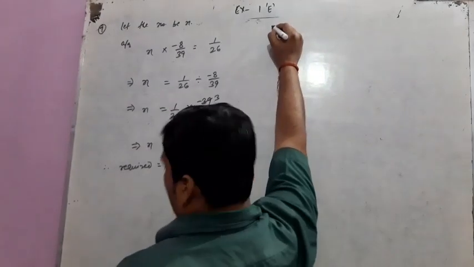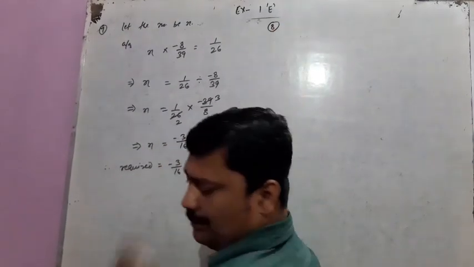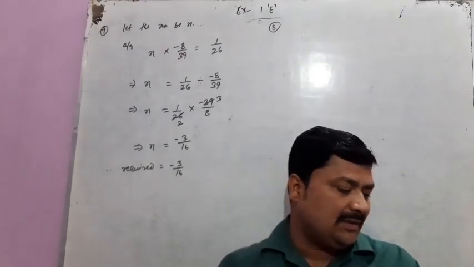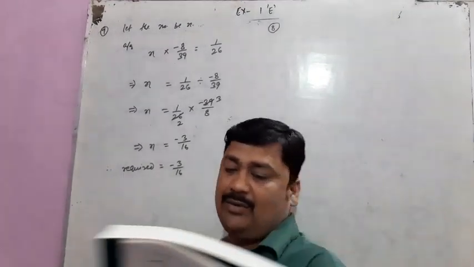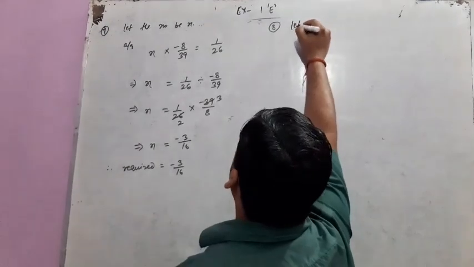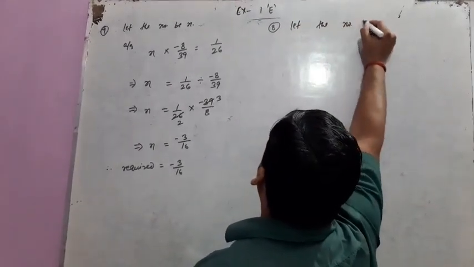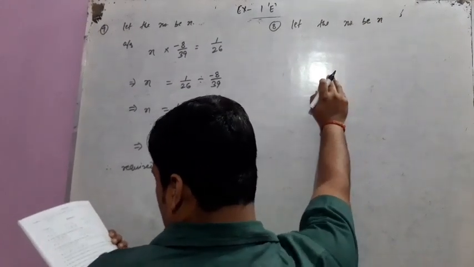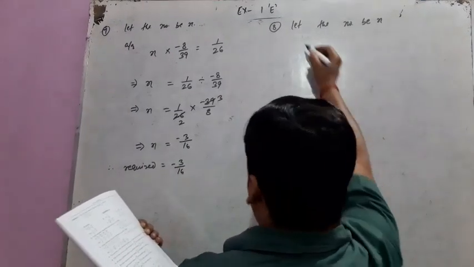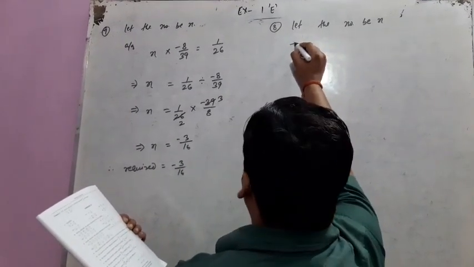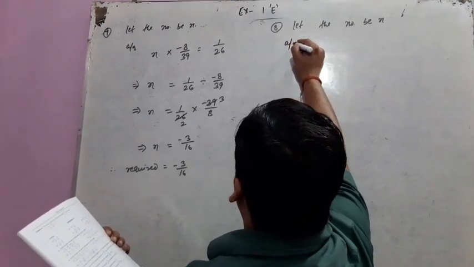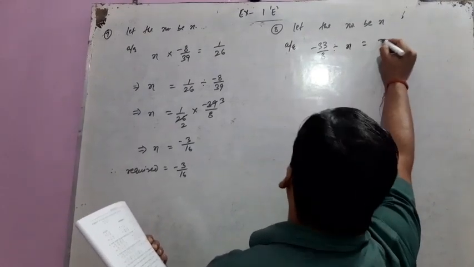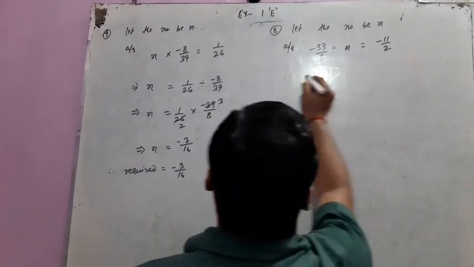Now question number 8. By what number should minus 33 by 8 be divided to get minus 11 by 2? Again we are considering the number to be x. Let the number be x. In the given question, if minus 33 by 8 is divided by x, then the result will be minus 11 by 2.